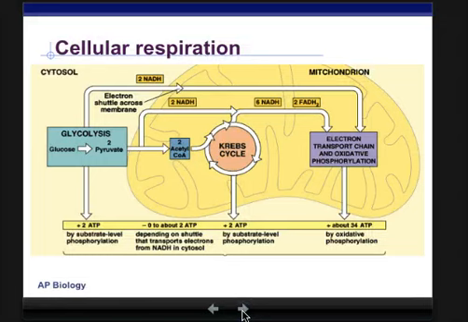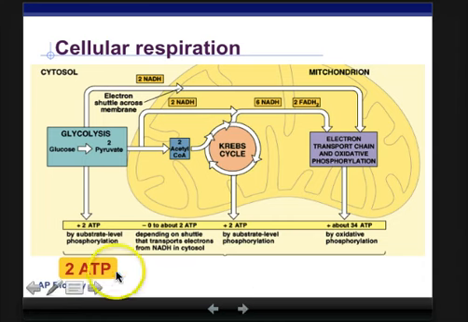All right, so now we can account for our ATP that we're going to get along the way. This is that same picture again and again. So for glycolysis, we're netting ATP. Okay. Plus 2 ATP from the Krebs cycle.